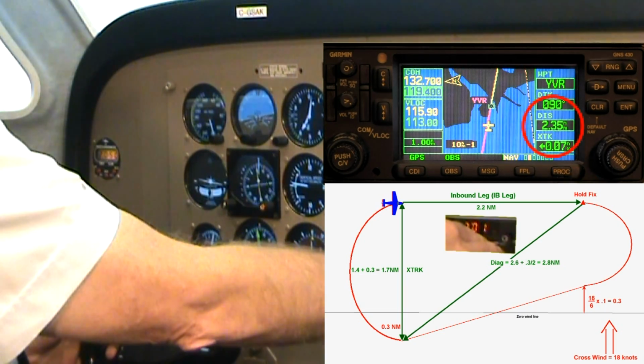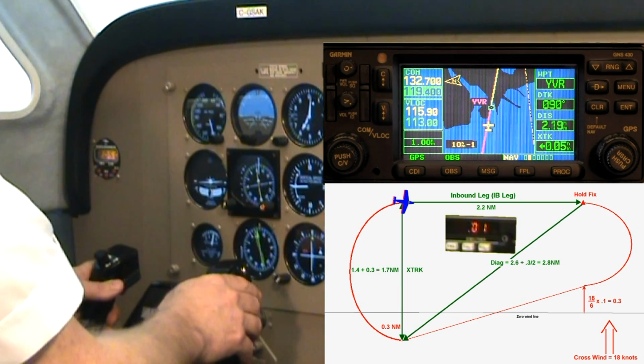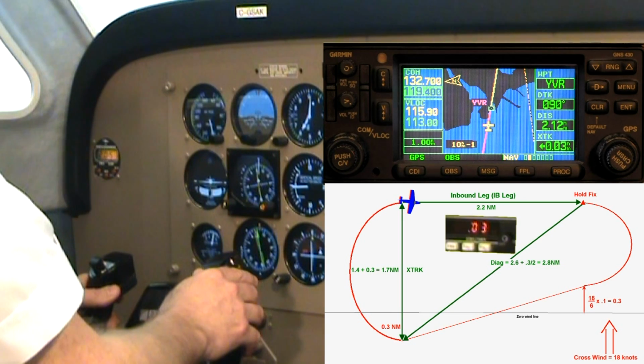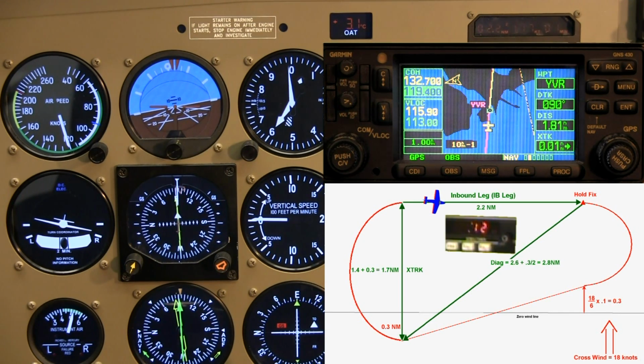Okay, watch the distance as I roll out. The distance is 2.2 nautical miles as I start the timer, so we know this hold will work out perfectly. Since we already know the inbound leg will be 1 minute, let's reset now for a crosswind the other way.